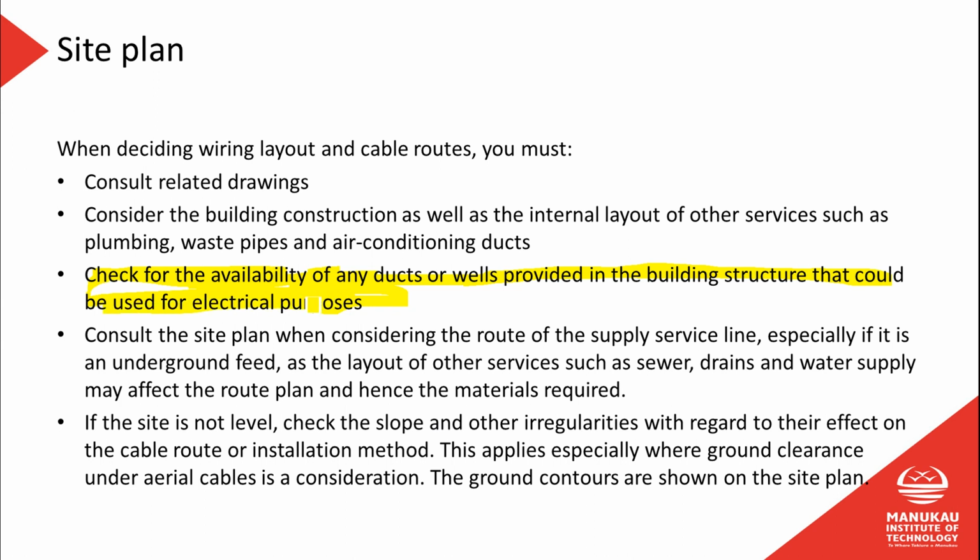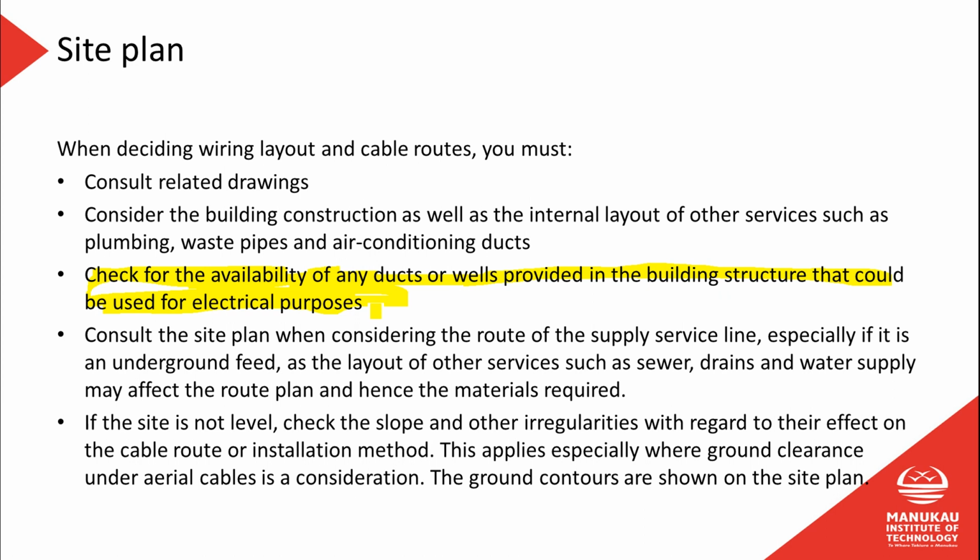Okay. So we check for the availability of any ducts or wells provided in the building structure that could be used for electrical purposes. In some cases there may be duct. If we're talking about a big building, there will be ducts provided. We will have some sort of system inside the building for the purpose of cables.